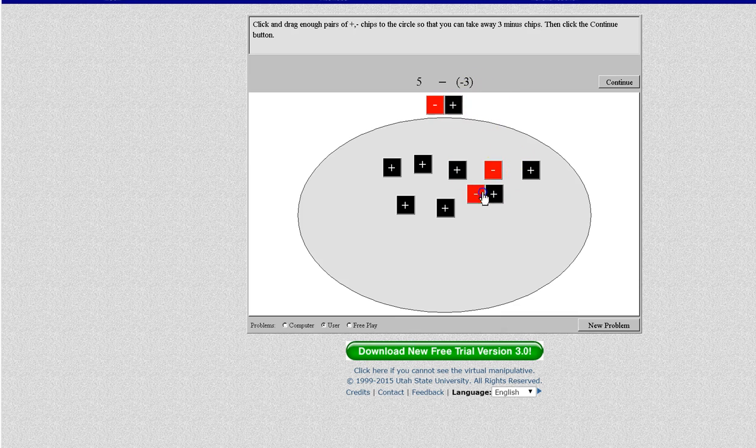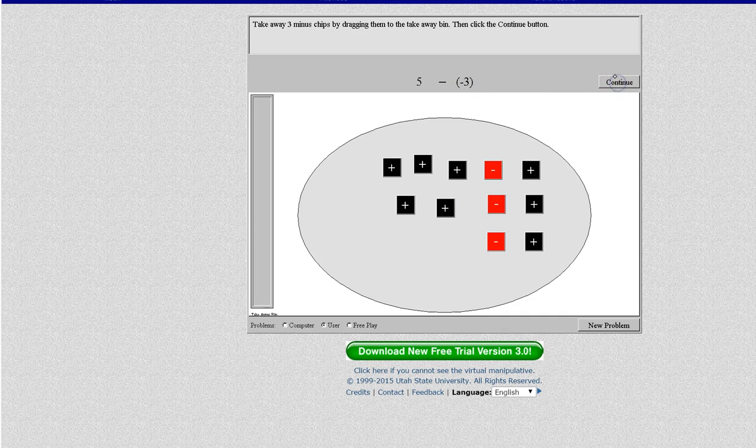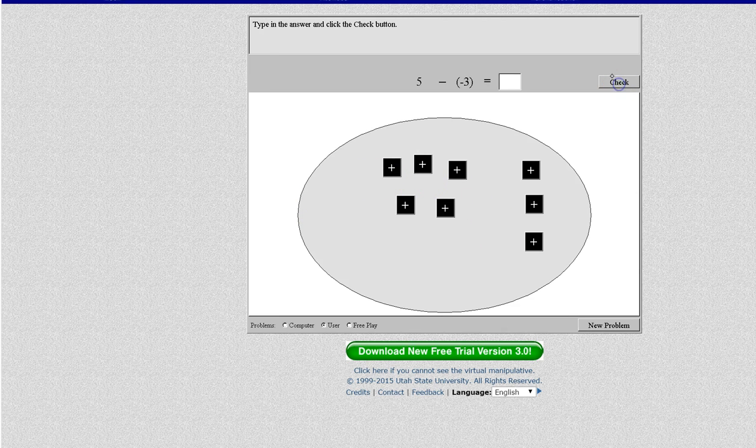So there's 1 pair, 2 pairs, 3 pairs. Notice this still equals 5 because these would really cancel each other out. But now I have 3 negative chips to take away. So I just dragged as many as I needed to take away the chips I want to take away. Now I'm going to drag the 3 negative chips into the takeaway bin. And the result is 8 positive chips.